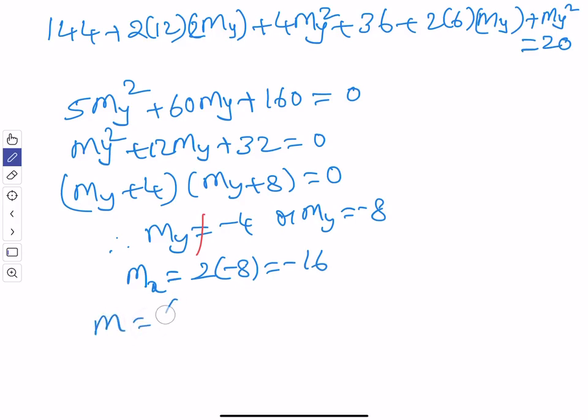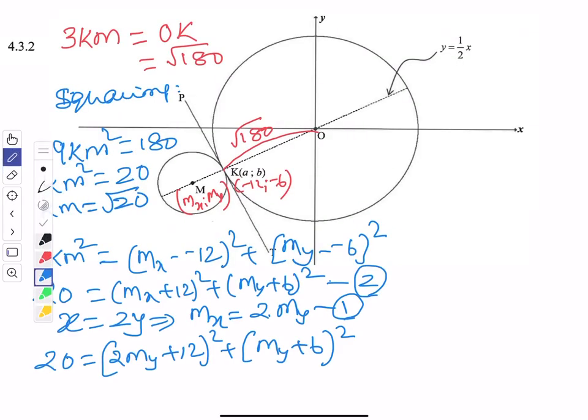Therefore, the coordinates of M are (-16, -8). I can go back to my diagram and write negative 16, negative 8. I hope it clarifies.